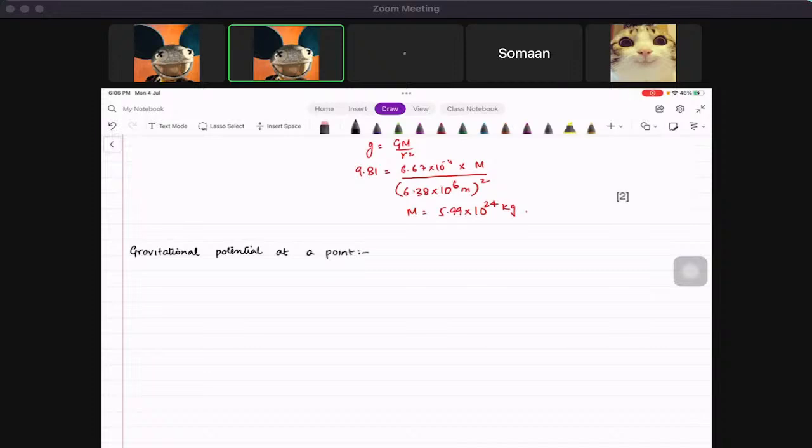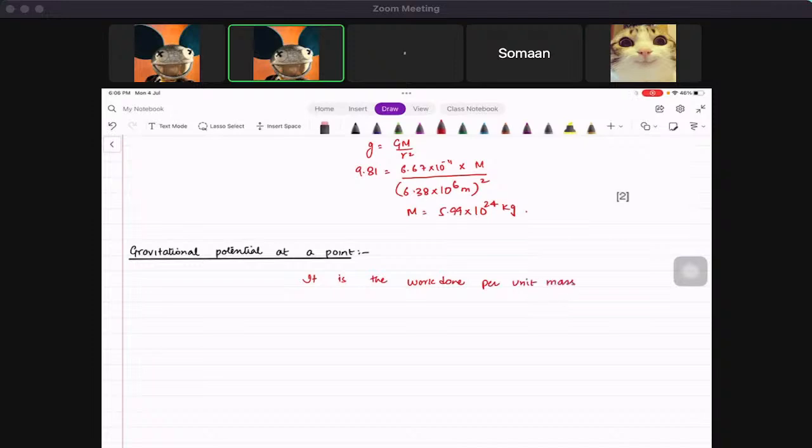Now this definition comes a lot, so you guys need to basically memorize this. I'll also explain what it means really. So first of all, you should understand that gravitational potential is the work done per unit mass.